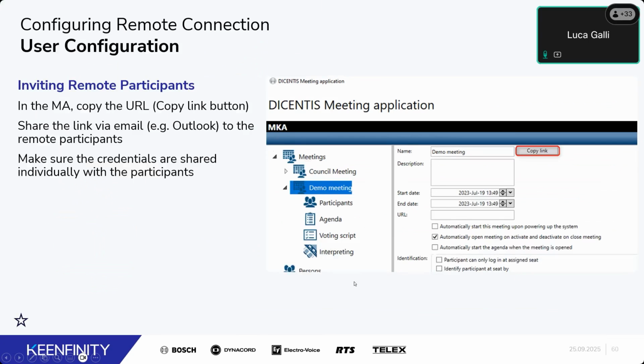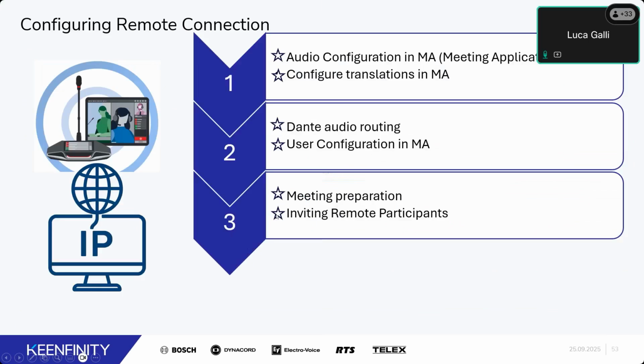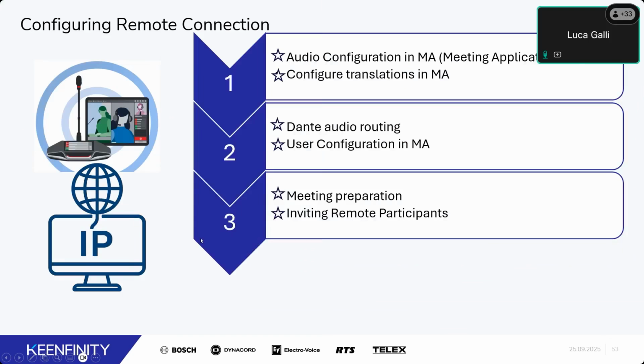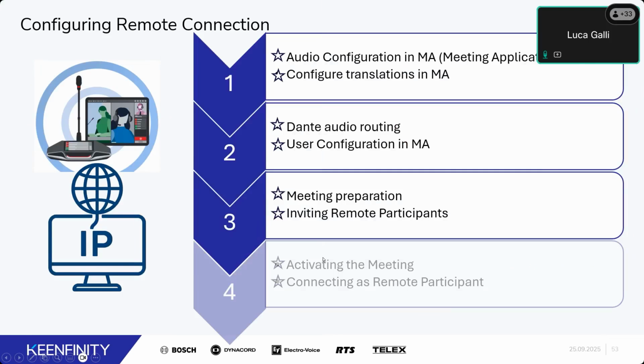Then you can invite remote people. So you can copy the URL of the meeting, and then you can share the link via email to the remote participants, so they can easily click on the link and get access from remote.